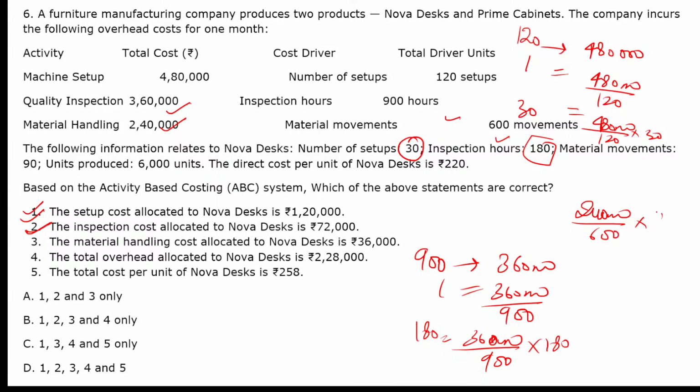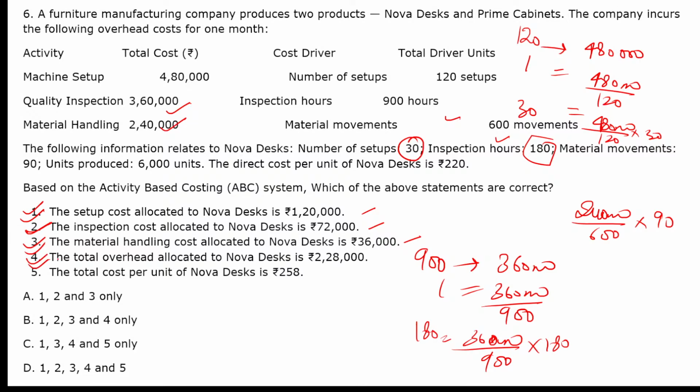So it is 240 divided by 600 into 90, which is again 400 into 90, which is 36,000. So this is also correct. Total overhead will be 120 plus 72 plus 36, which will be 228.